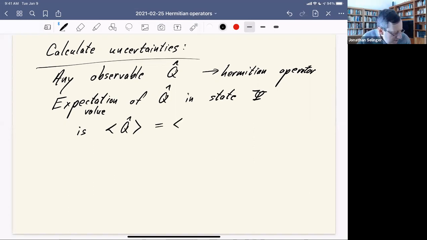So that is the inner product of psi with Q psi, right? This is a compact way of writing our integral sandwich. Now, what about the uncertainty?